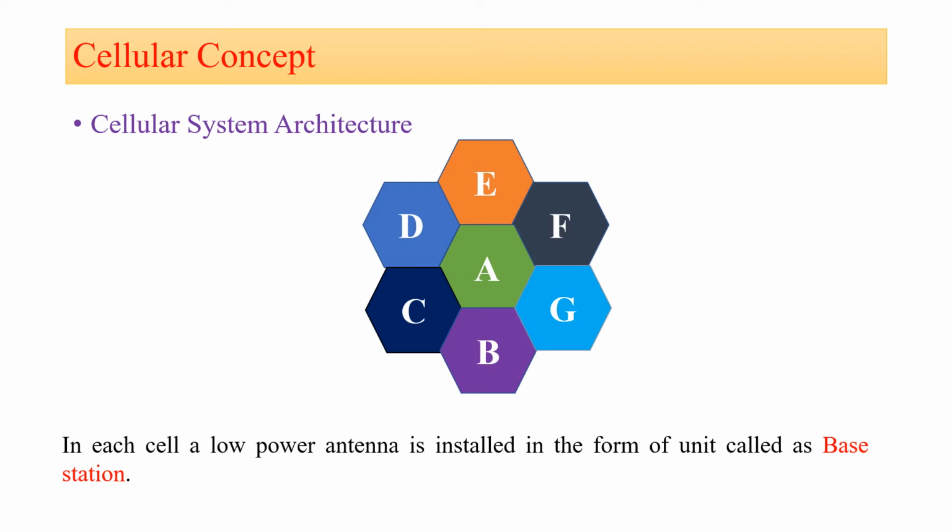Here if you observe the picture, there are a total of 7 cells, that is A, B, C, D, E, F, G, and each cell has a low power antenna installed in the form of a unit called a base station. So for each cell the base station is different, which has low power.